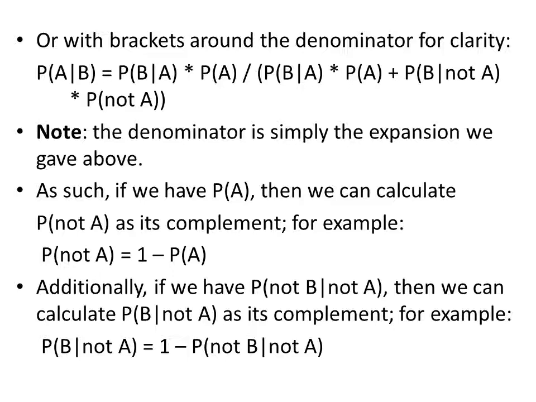For example, probability of not of A will be 1 minus probability of the event A. Additionally, if we have probability of not of B given not of A, then we can calculate probability of the event B given not of A as its complement, for example, probability of the event B given not of A equals 1 minus probability of not of B given not of A.